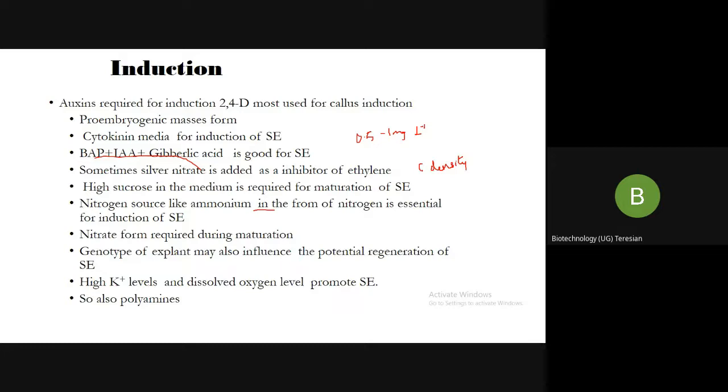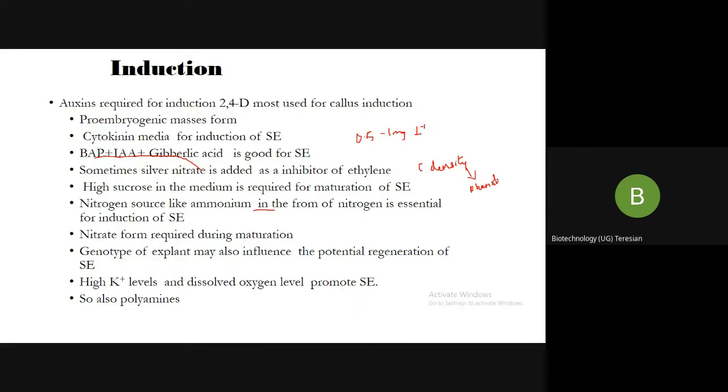This is because the cells which are cultured, carrot cells are present, and these cells at high density have the tendency to release high amount of phenolic compounds. We have already spoken about phenolic compounds, and you know that they can act as inhibitors, right?